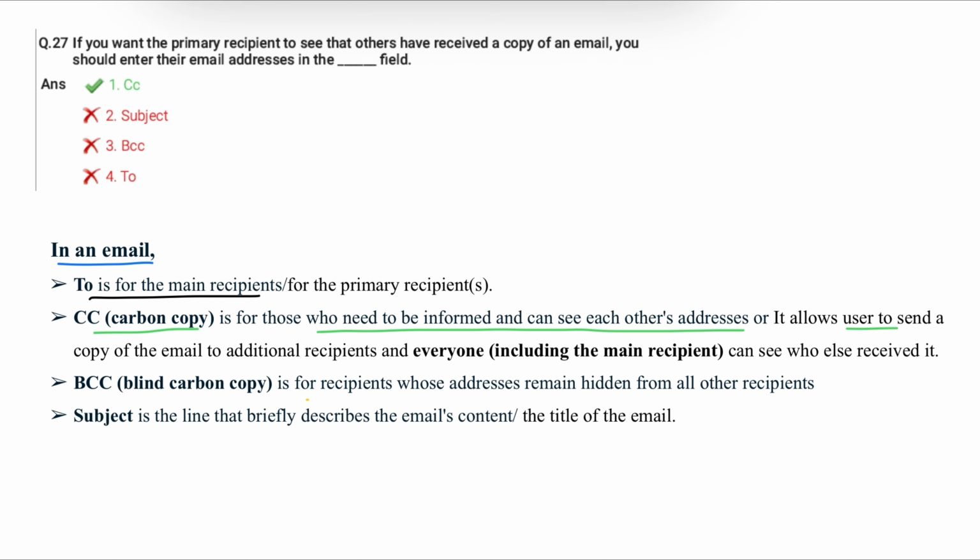CC allows user to send a copy of an email to additional recipients and everyone can see who else received it. BCC, blind carbon copy, is for recipients whose address remain hidden from all other recipients. Subject is a line that briefly describes the email contents or title of the email. So the correct answer is CC.